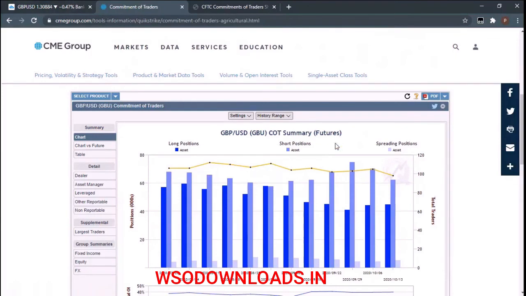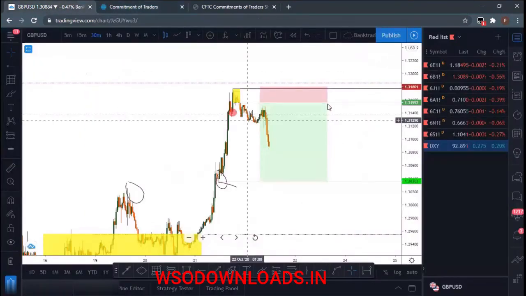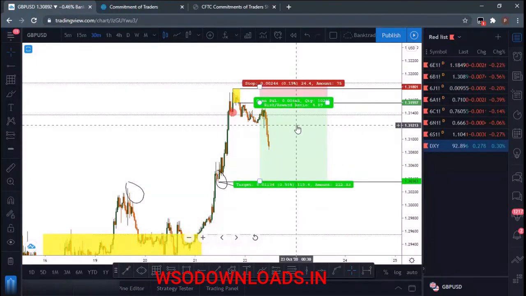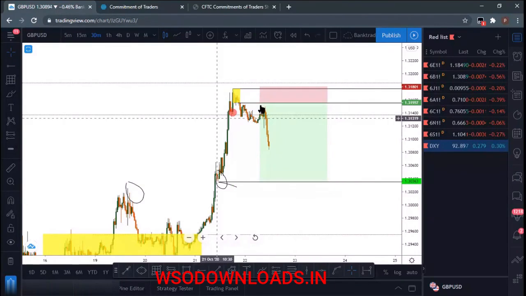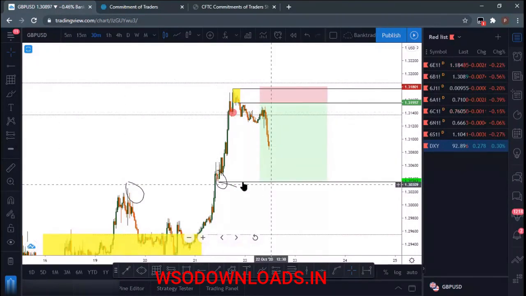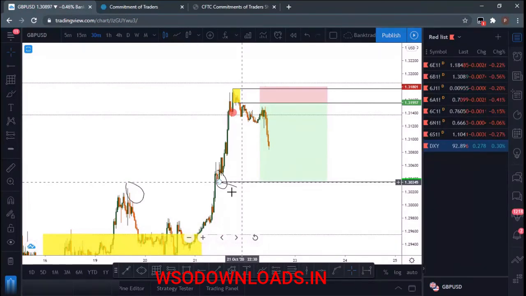But if it was telling us to sell, this was not going to be a counter trend trade. It was going to be you following the rules. But this is a counter trend trade, which means that you are using the USD report here to take this kind of trades. So that is the easier way that you can look at the COT report.